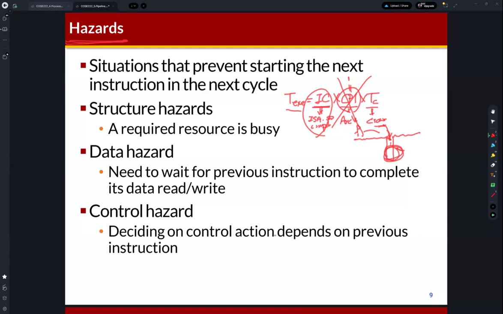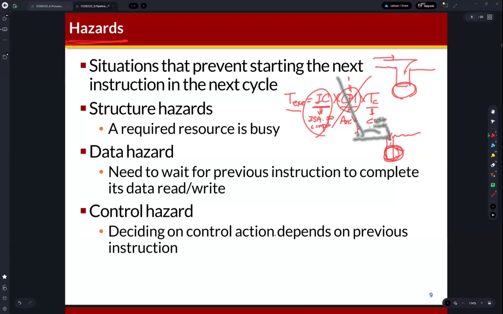So the meaning of hazard in the real world is like this: on flat ground, there is some crack or hole, so we cannot go through this path.